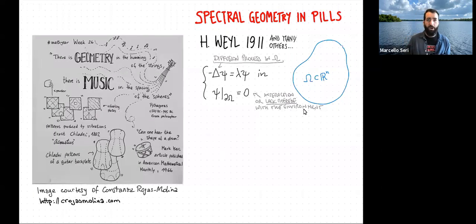So what is spectral geometry? This is something going back in the years, but you can say that it started peaking with Weyl, who was studying the wave and heat equation on domains in real space. When you study those problems, you have some equation, and usually it boils down to some kind of diffusion equation.